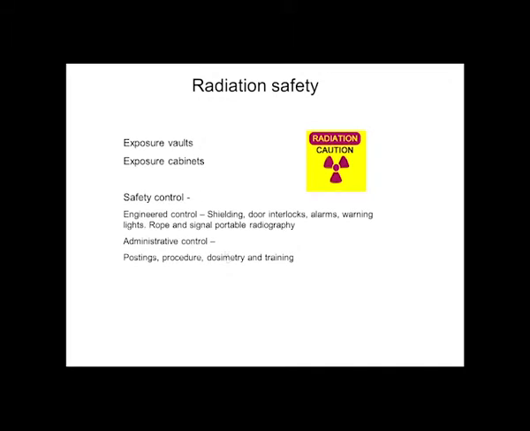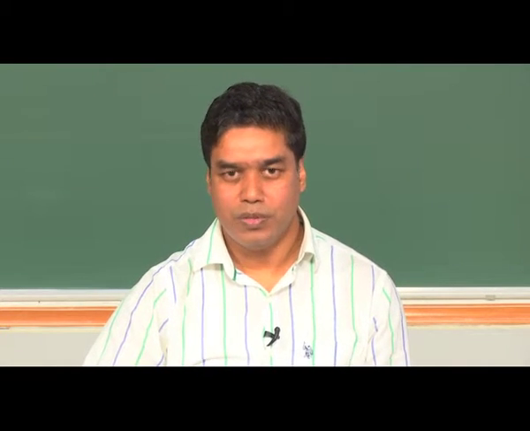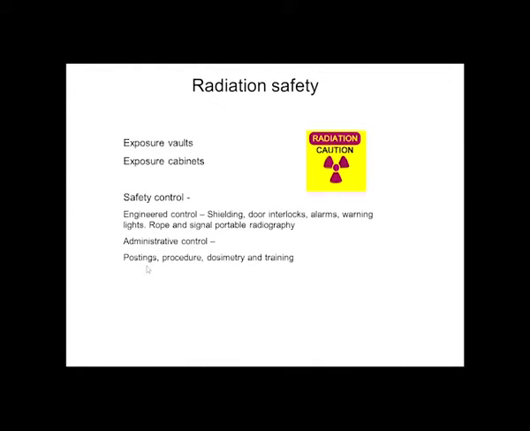And you should also provide enough signals, indications and signs around that area, so that people know that the area is being exposed to X-ray radiation and they should not go around it.